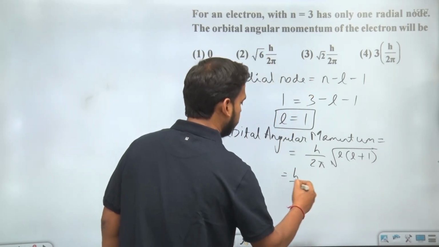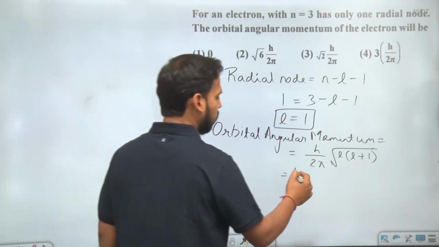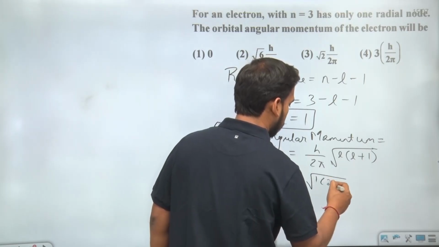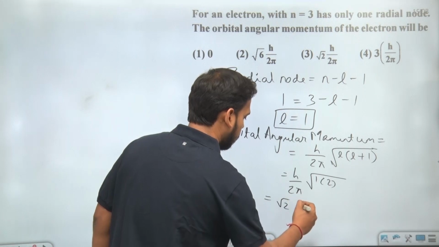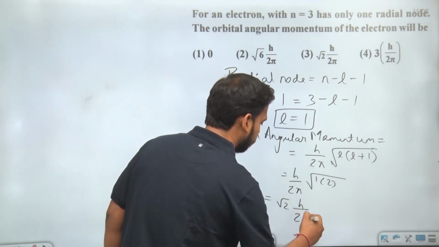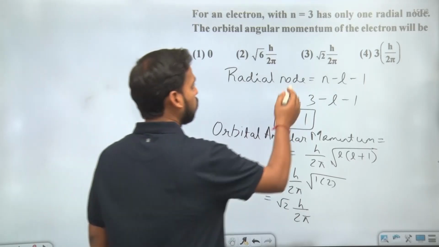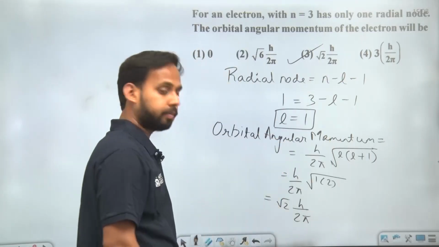Putting L as 1, it is 1 into 1 plus 1, which is 2. So we get root 2 h upon 2 pi. This matches option third. So our correct option is option third, that is root 2 h upon 2 pi.